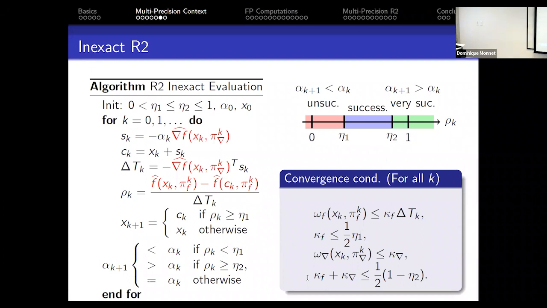And the last condition here tells you that the error you have on the objective and the gradient should be lower than half of 1 minus 2, meaning that the more relative error you want to tolerate, the smaller you're going to have to be. Why is that so? Because if you tolerate more error on the objective, you're going to have to reject more steps.